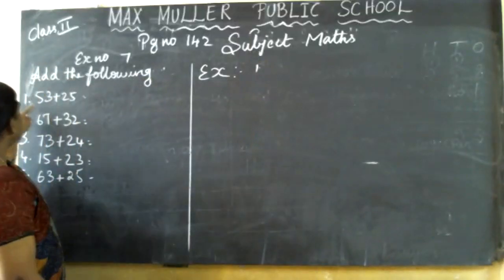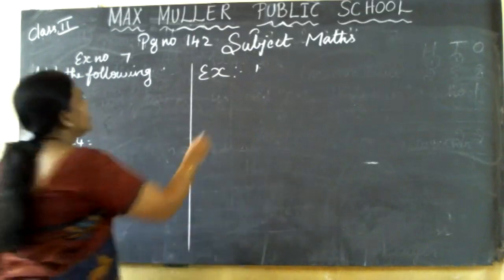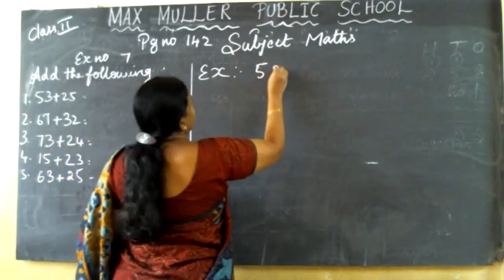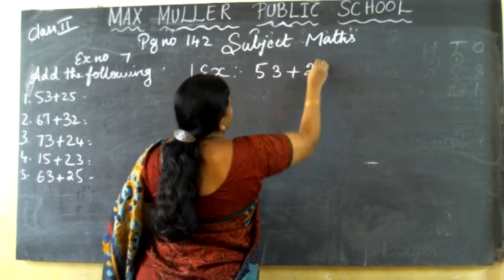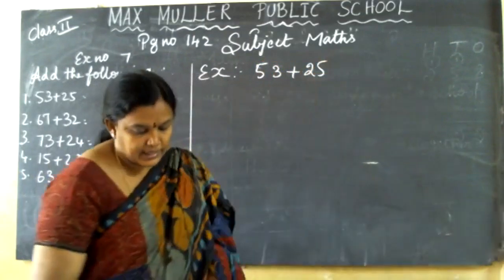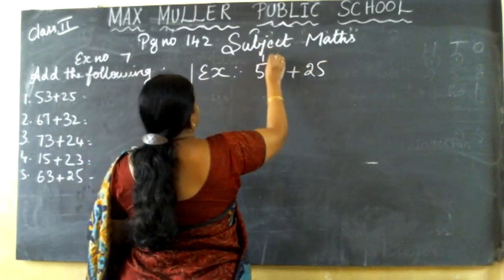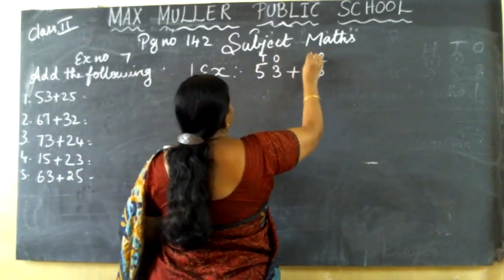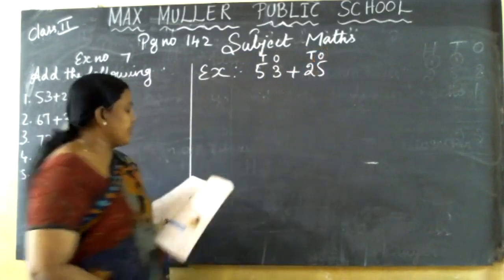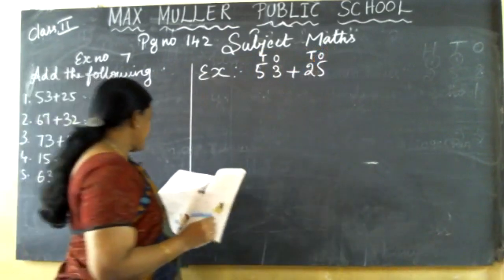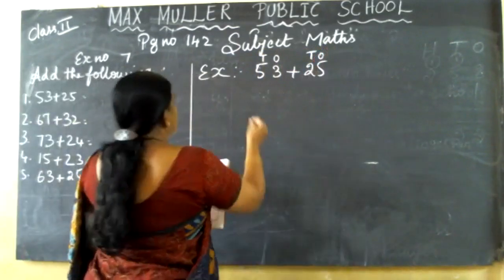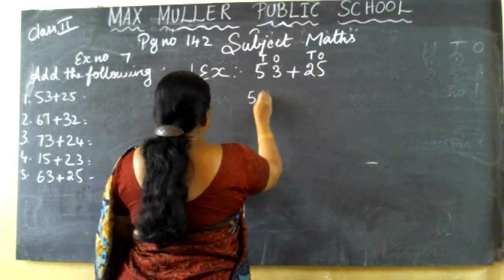Now first sum, see how we will do this first sum. 53 plus 25. Here you want to write ones, tens. This one you want to write in the rough note. Now see here, 5. 5 is in which place, children?